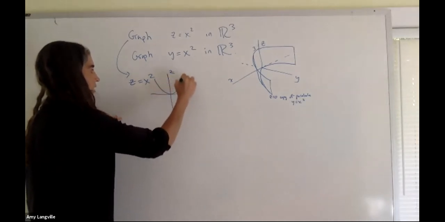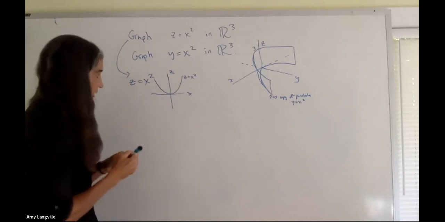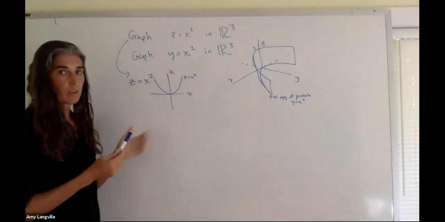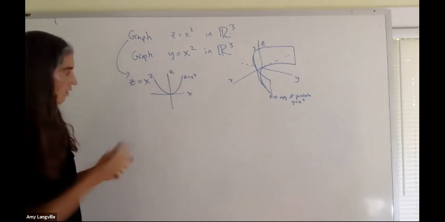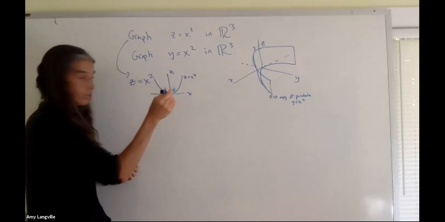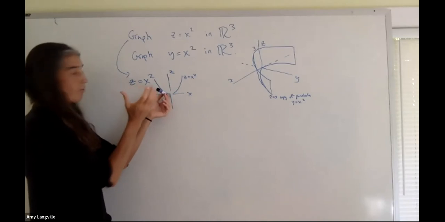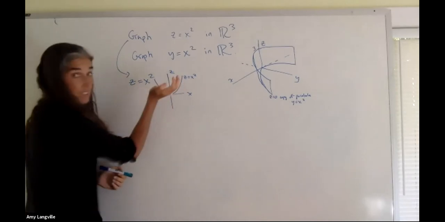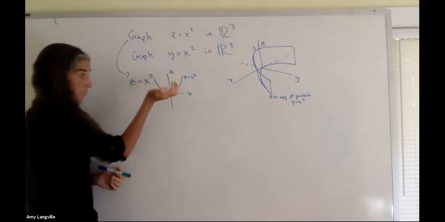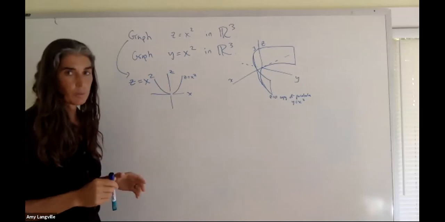I know what that looks like: z equals x squared. This time the board actually has the right orientation, so I don't need to move anything. The y-axis is coming out from the board, so when y is free, this parabola gets extended in a half pipe out from the whiteboard.